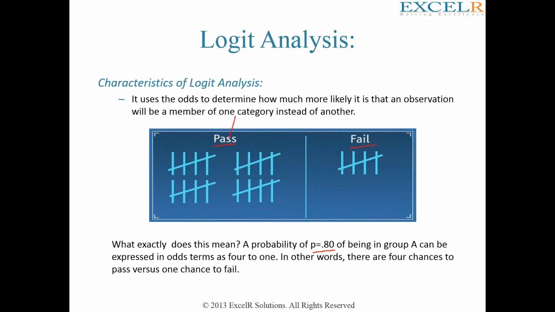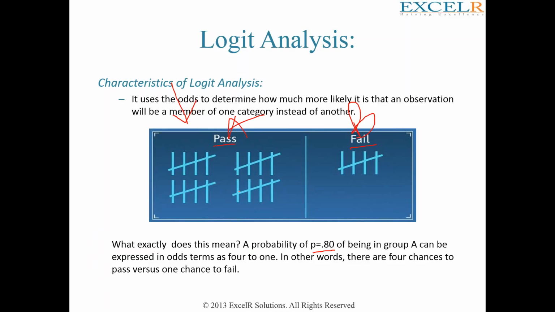If I say that this is group A and this is group B, then there is a probability of 0.8 or 80% of falling in this group. The probability that any student whom you pick is going to fall in group A, which is nothing but pass.